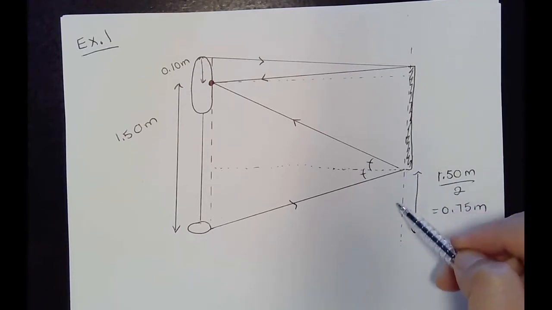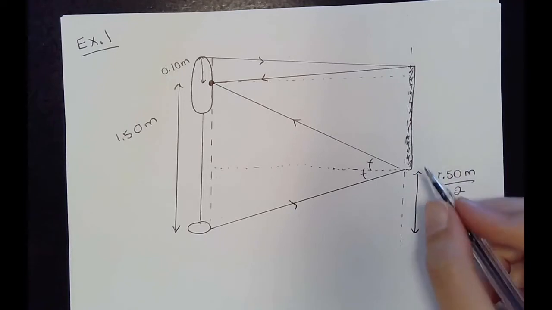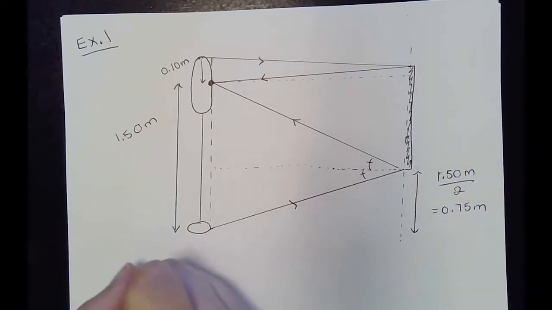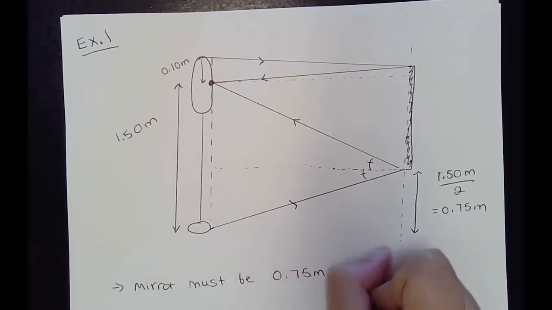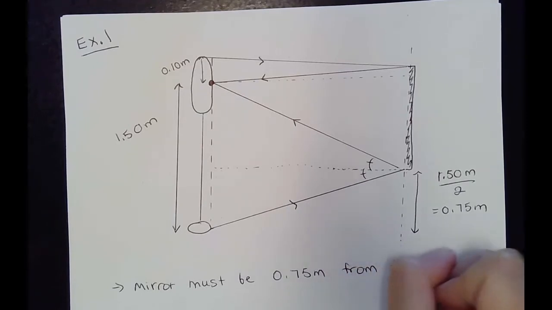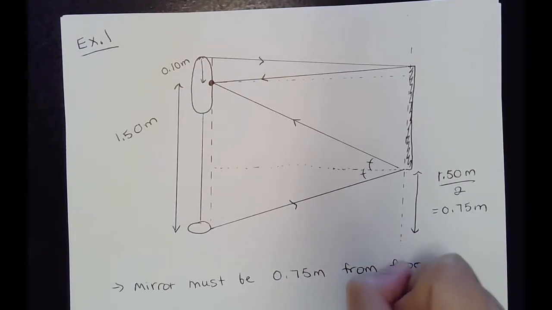It can be closer as long as it's longer, but this is the minimum positioning. So, okay, the mirror must be 0.75 meters from the floor, or closer is fine too.